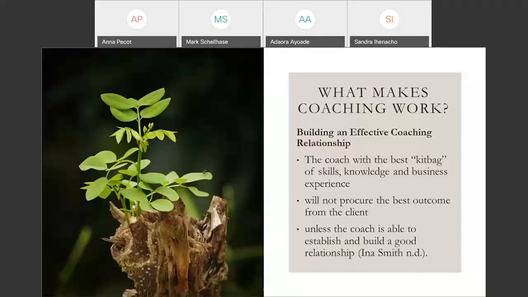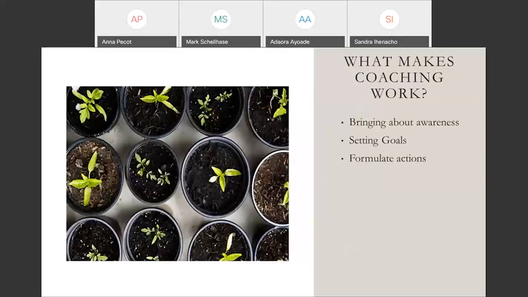And the second thing that makes coaching work is awareness. Bringing about awareness. There's something we do as coaches. We call it peer coaching, whereby I coach a fellow coach, right? And I had this peer coaching session with a fellow coach of mine sometime last year, a coach in South Africa.